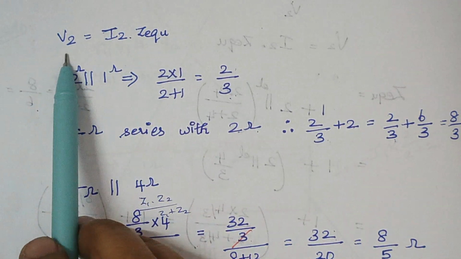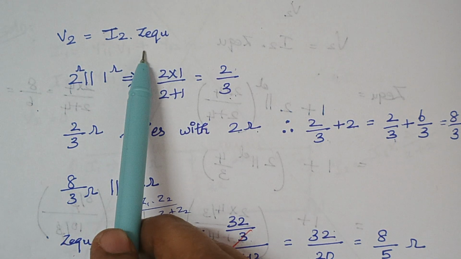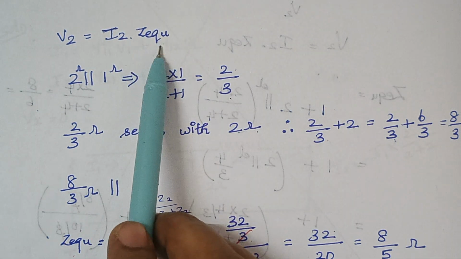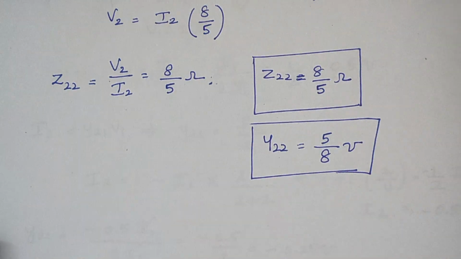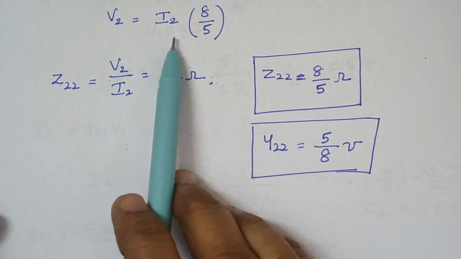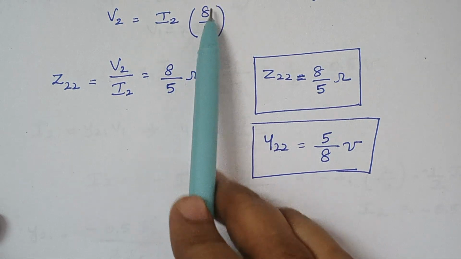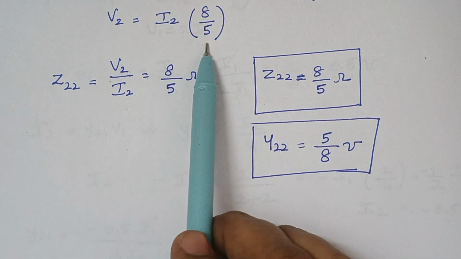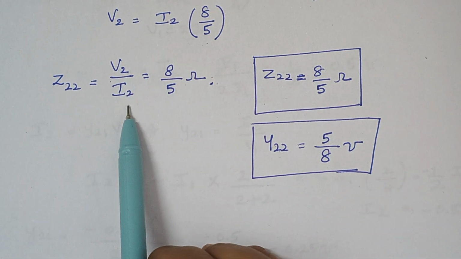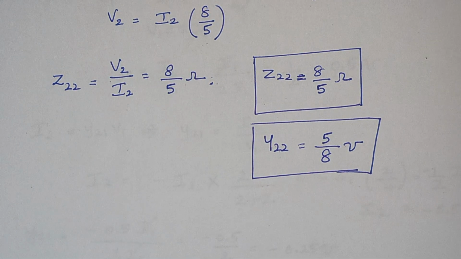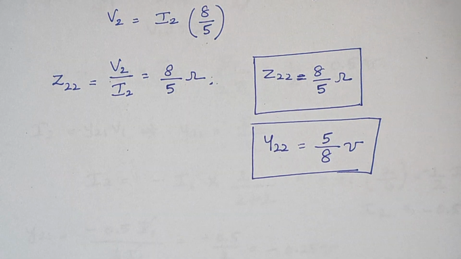So V2 is equal to I2 into Z equivalent. Now we have calculated this value, so you can substitute it here. V2 is equal to I2 into Z equivalent, which is 8 by 5. But what we actually need is the ratio of I2 by V2.